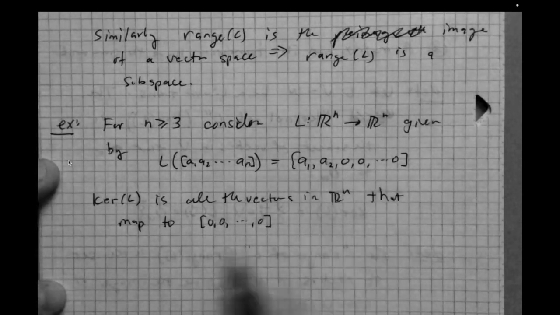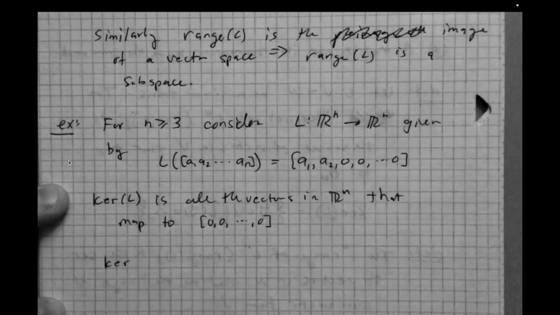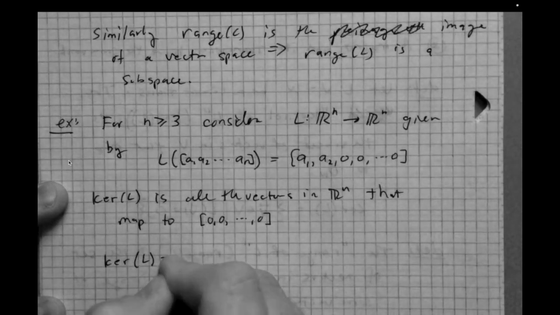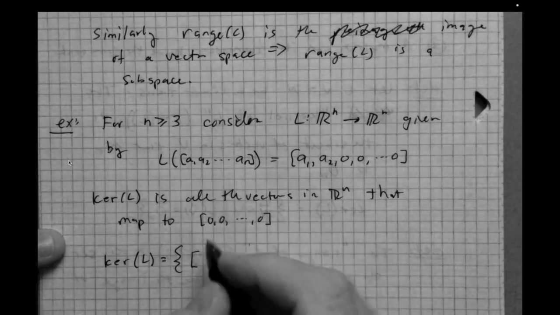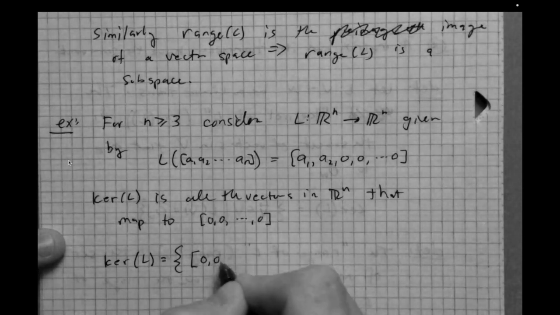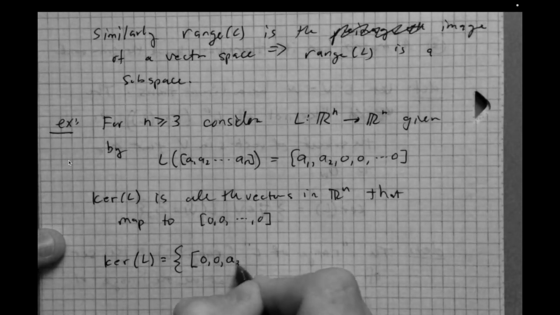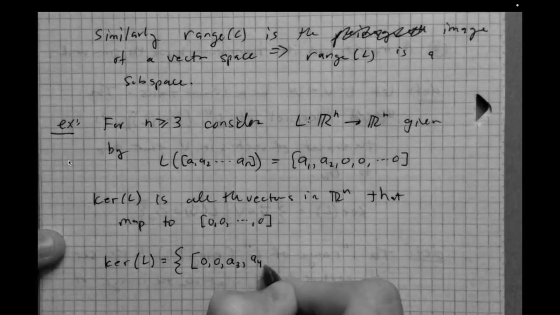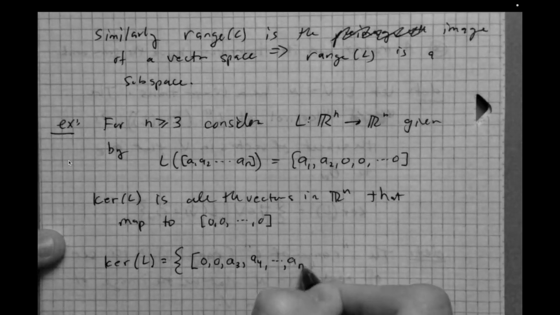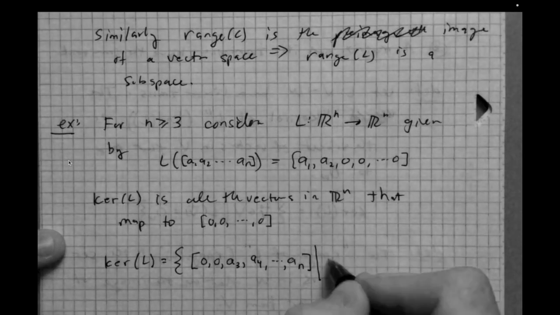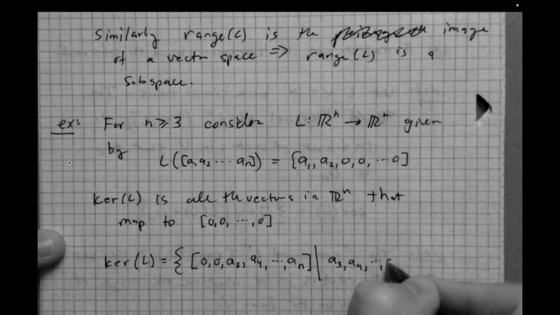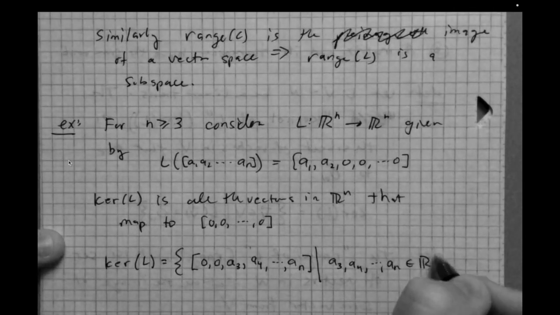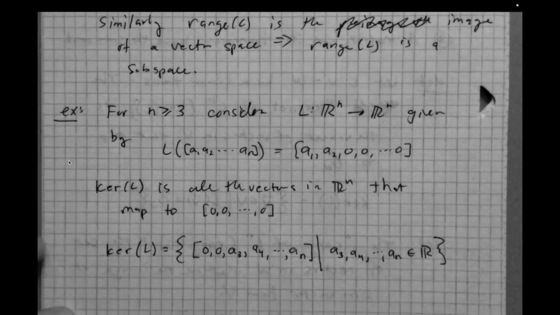In this case, there are lots of ways to write the kernel. The kernel here is going to be all of the vectors of the form (0, 0, a3, a4, ..., an) such that a3, a4, ..., an are real numbers. Does that make sense? Is that clear?